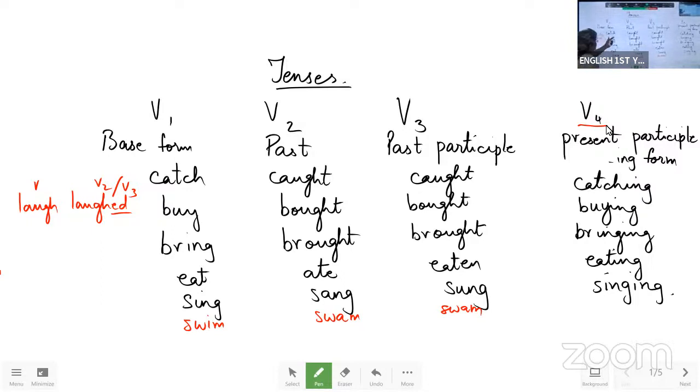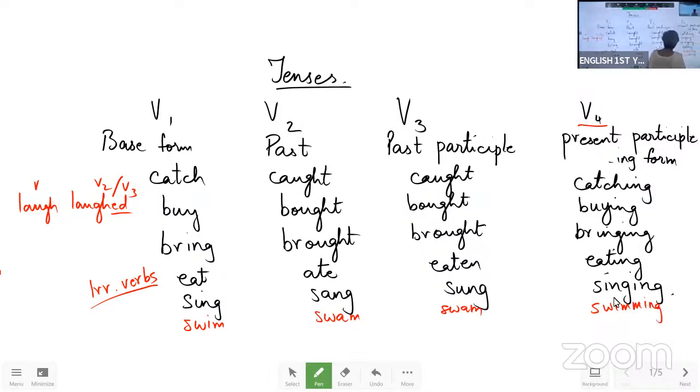So catch, caught, caught, buy, bought, bought, bring, brought, brought. But they are also irregular verbs. These are known as irregular verbs, where everything changes. Eat, ate, eaten. Eating. Sing, sang, sung. Singing. Swim, swam, swum. Swimming.